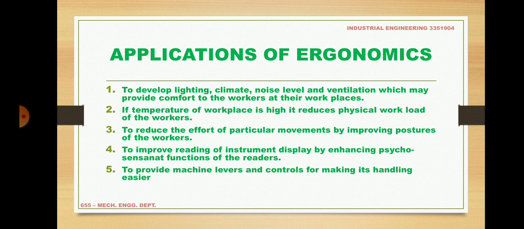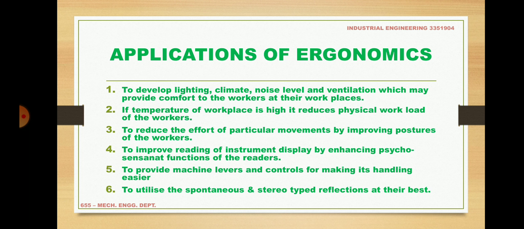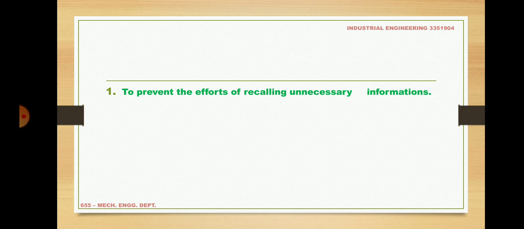Levers are useful for safe working condition at a safe place and for better control. To utilize the spontaneous and stereotype reflection at their best. To encourage them, providing incentive scheme bonus for it as a reflection of their best. To prevent the effort of recalling unnecessary information. Unnecessary information load we can reduce.